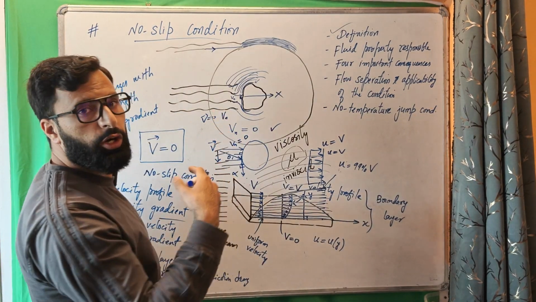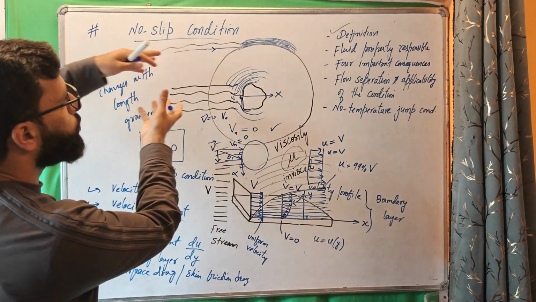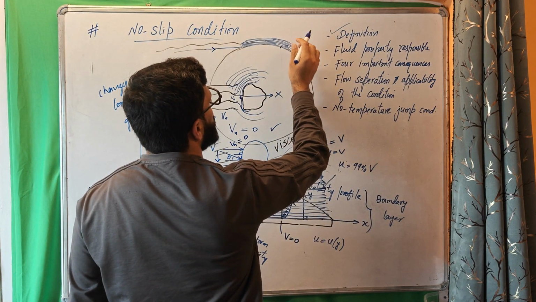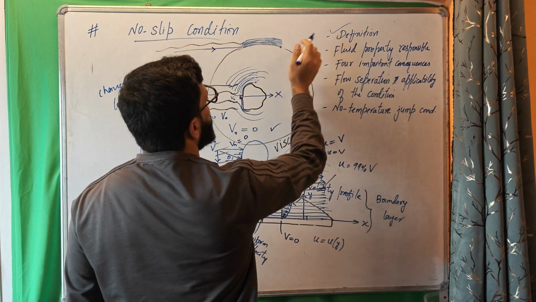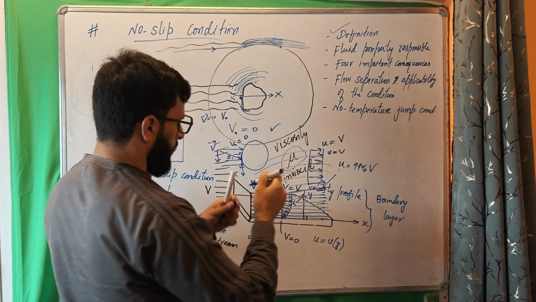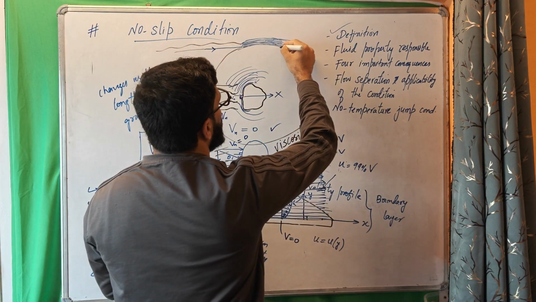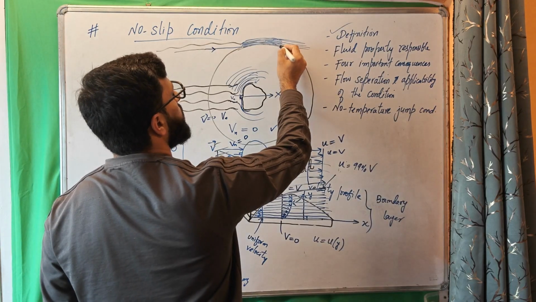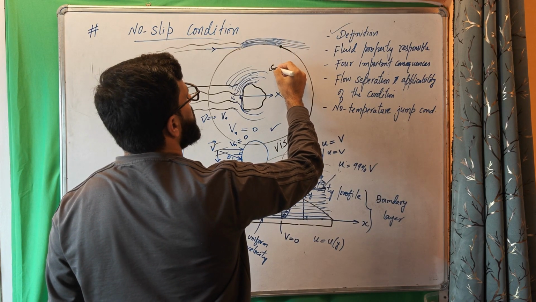But if the Reynolds number is high, if the flow is moving at some higher velocity, at some point on this curvature, this boundary layer will get separated from the solid surface. Total separation occurs. This point where the separation occurs is called the separation point.